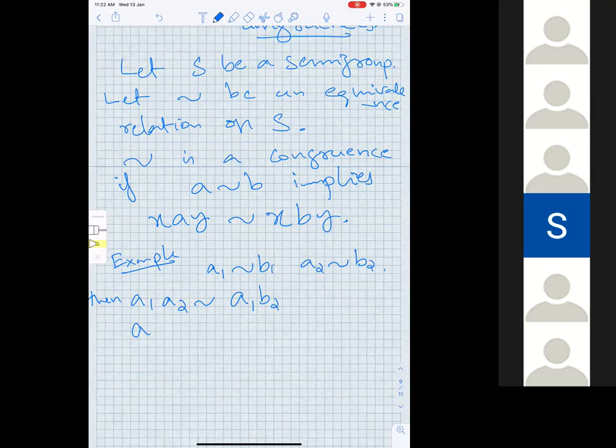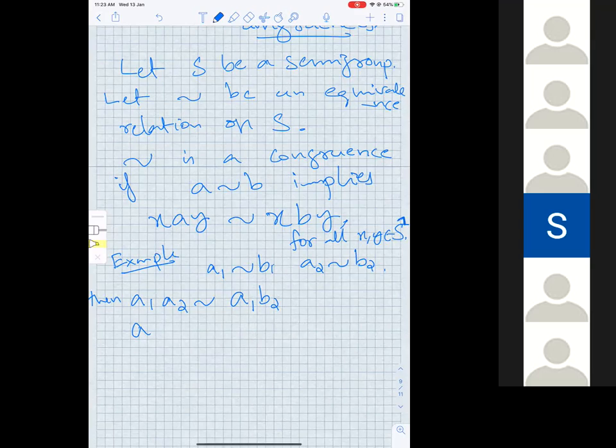The definition I gave is that if A tilde B, then XAY is tilde XBY. But in the case of a semigroup, we don't necessarily have an identity element. For monoids, it is okay to say XAY is congruent to XBY because one of them can be the identity. So XAY is in S1.